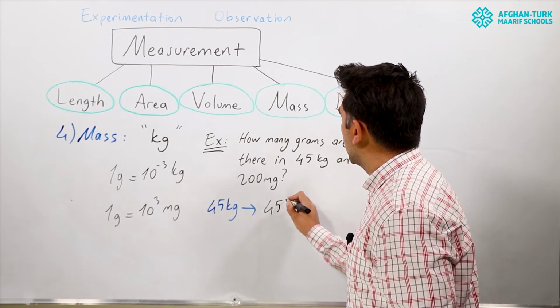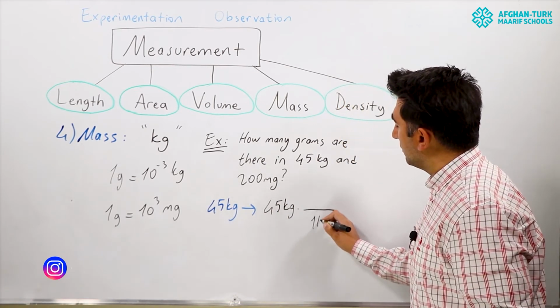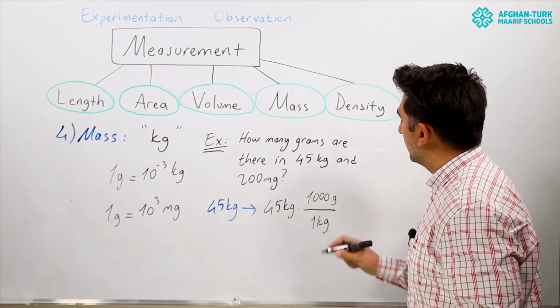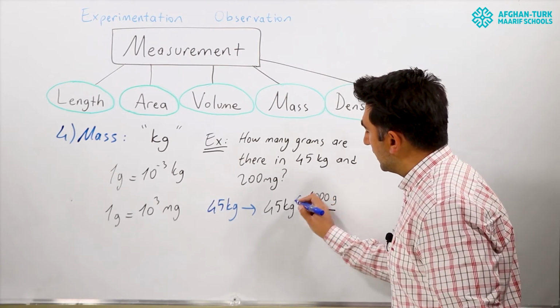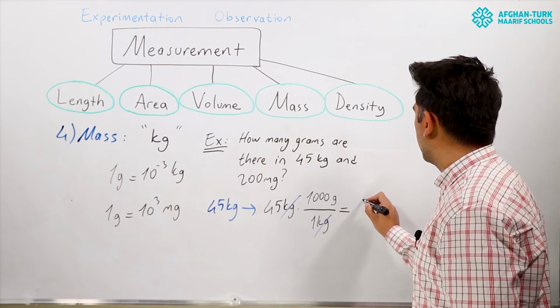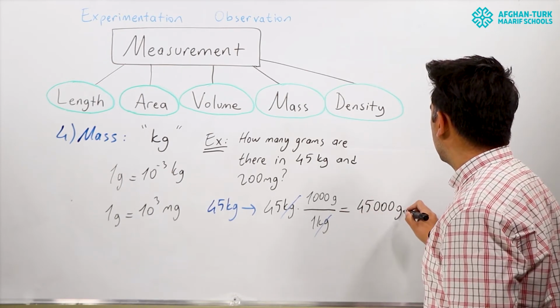45 times 1 kilogram is equal to 1000 gram. So I cancel out kilogram, and that's equal to 45,000 grams.